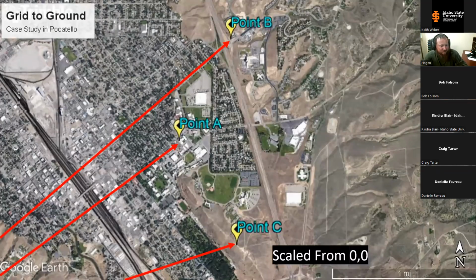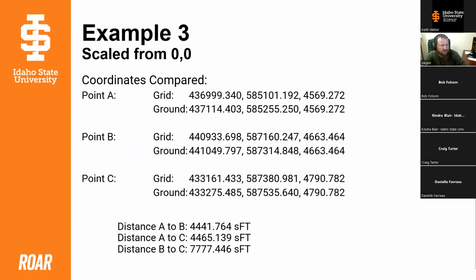In the third example, the surveyor chose to scale the coordinates from a northing of 0 and an easting of 0, which places the origin very far away, south and west of our project location. Because of that distance, when you multiply by the scale factor, now remember about 0.263 feet per 1,000 feet, and we're working with coordinates this large, you'll get a substantial shift in the coordinates.